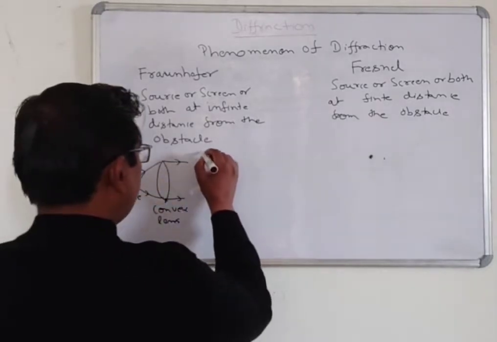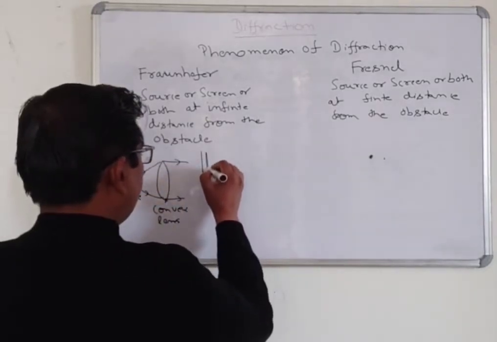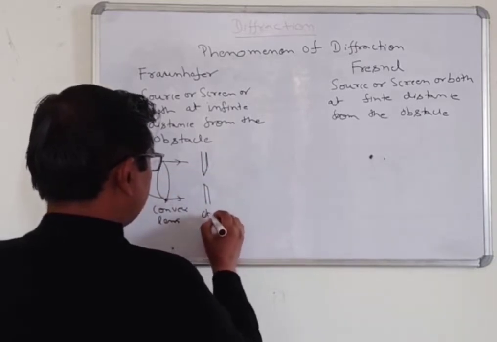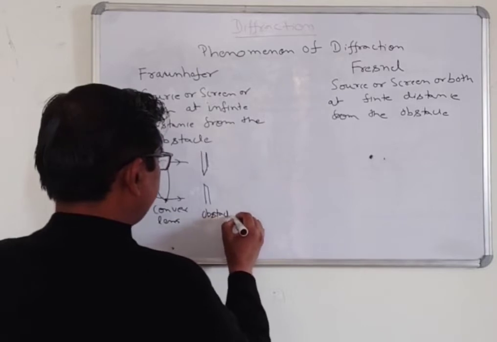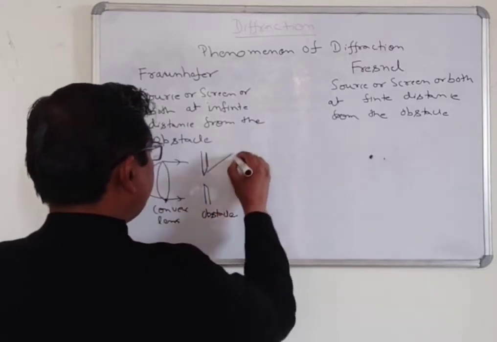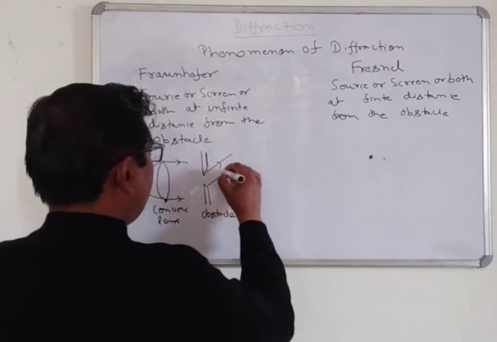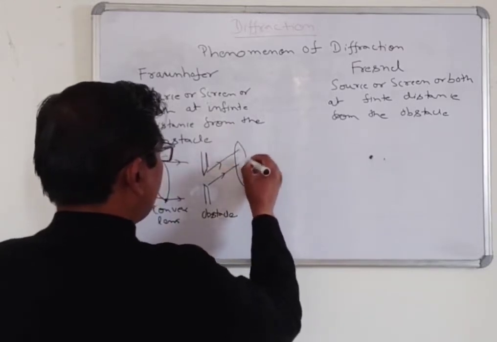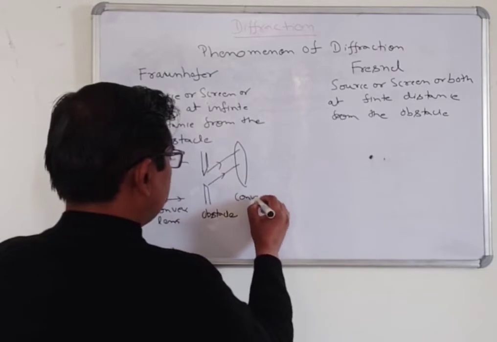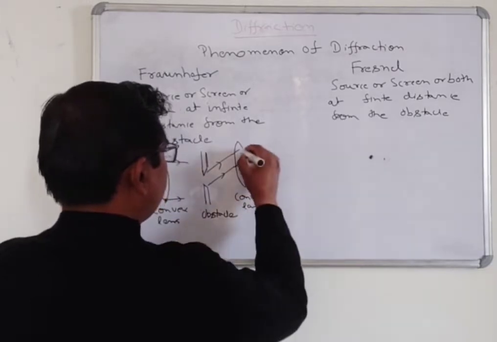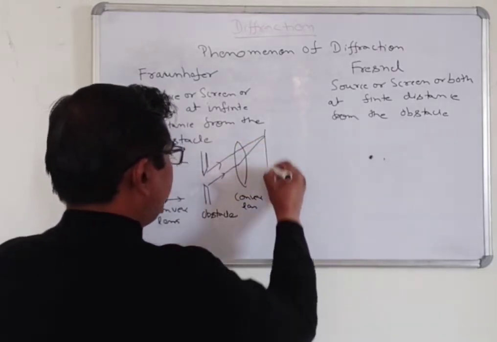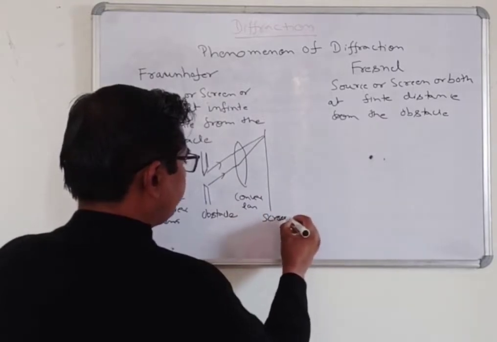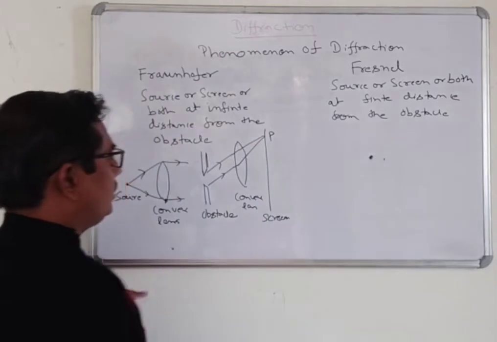And now here we have an obstacle. Now the bending of the light is like that, and here we will use another convex lens that will focus on a screen at a point P.